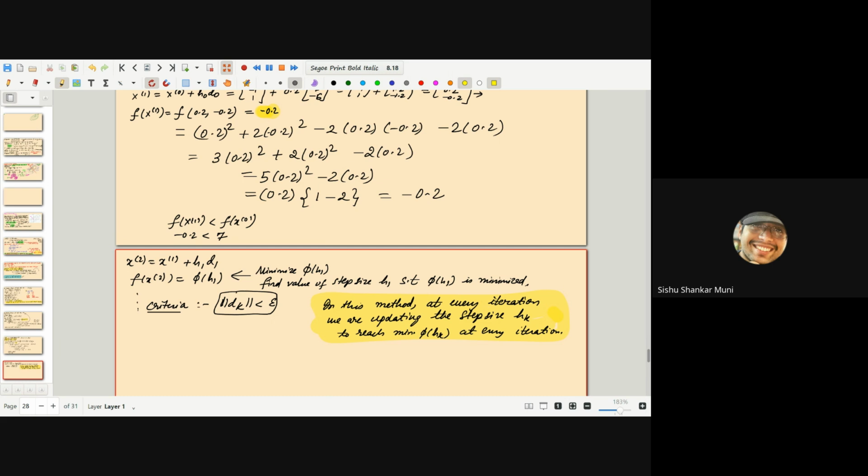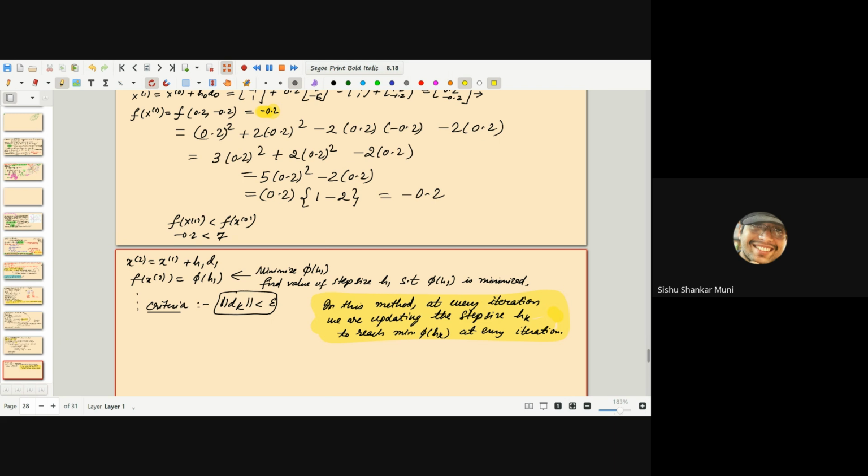Okay. So now do you agree that this method can be computationally expensive? So what can we do here? What else can we do? Why is it computationally expensive? I just want to know whether you have understood all the things or not. Can anyone tell? Why is it computationally expensive?